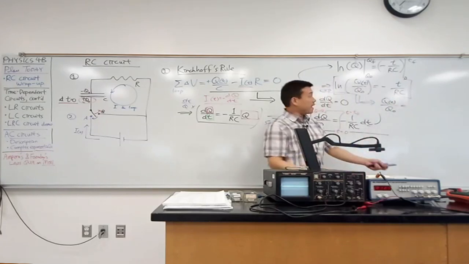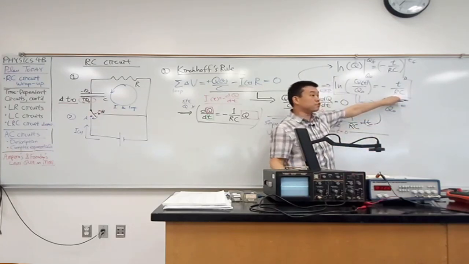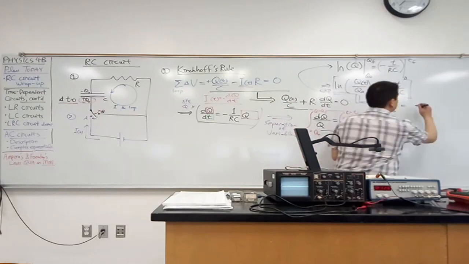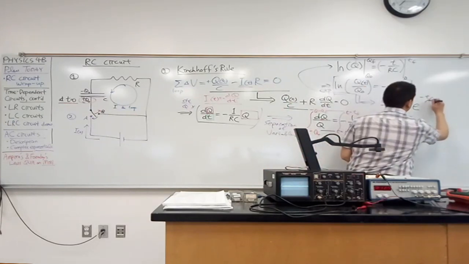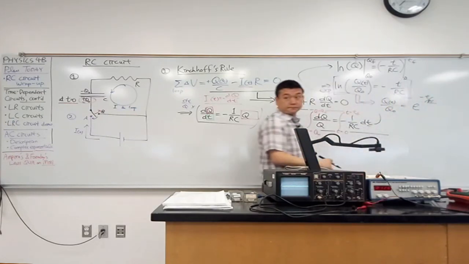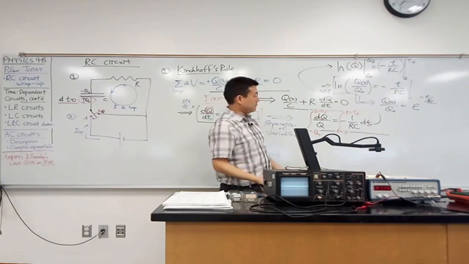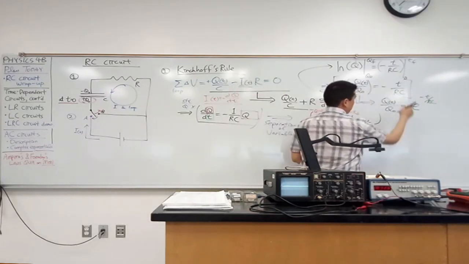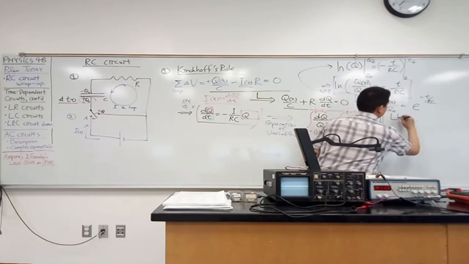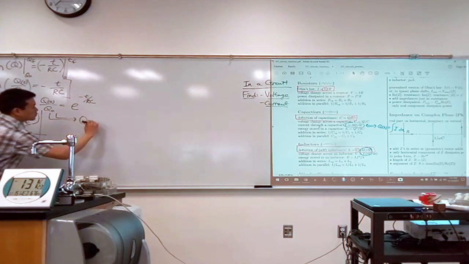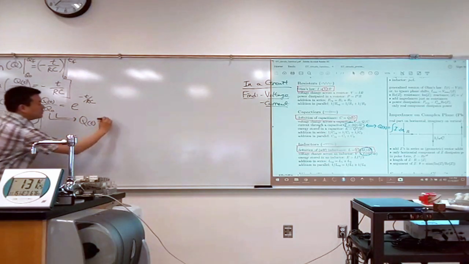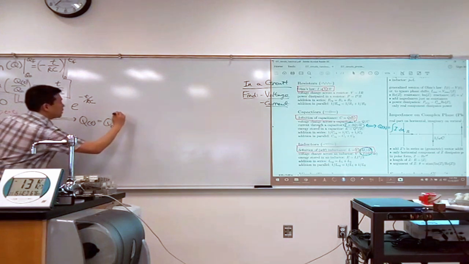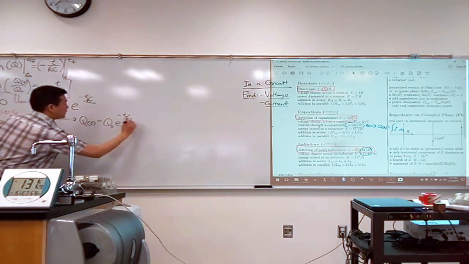And on the right-hand side, it will be e to the minus t over RC. And all right, let's go one more step. Actually solving for this, you end up with q as a function of time equal to q naught times e to the minus t over RC.